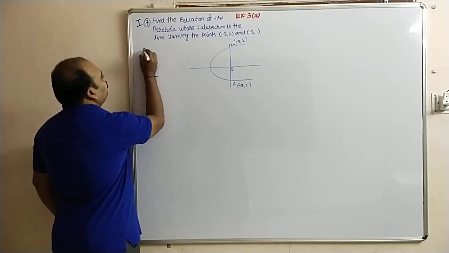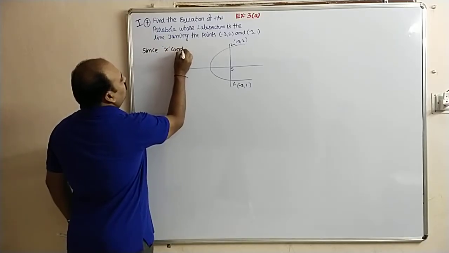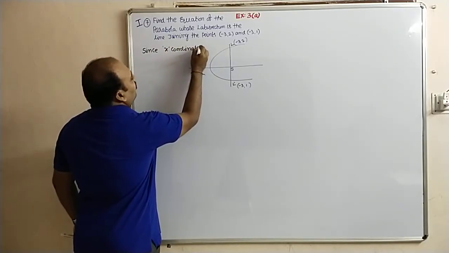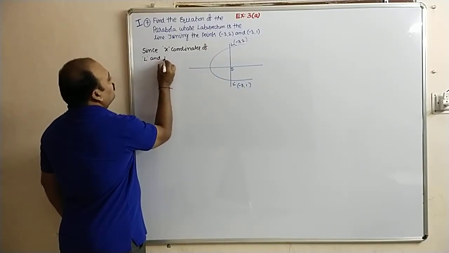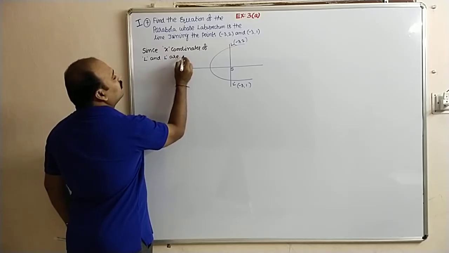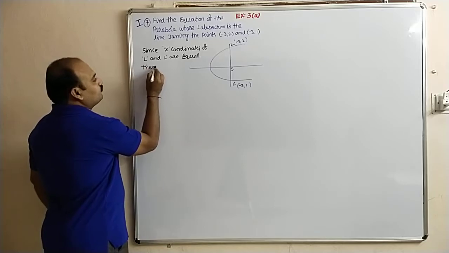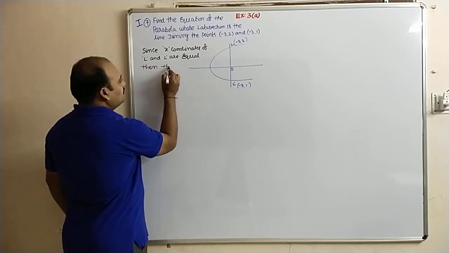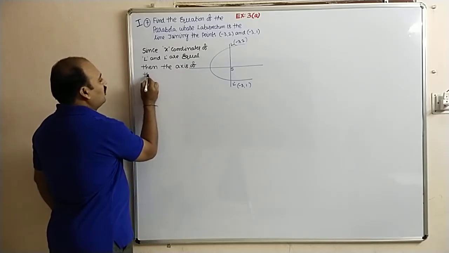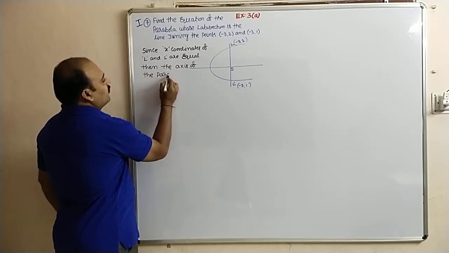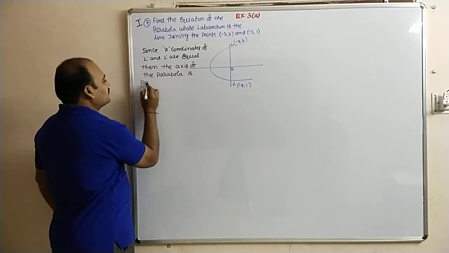Since x coordinates of L and L dash are equal, then the axis of the parabola is parallel to x axis.